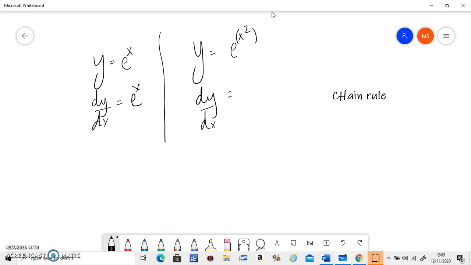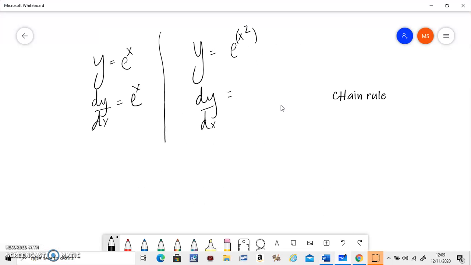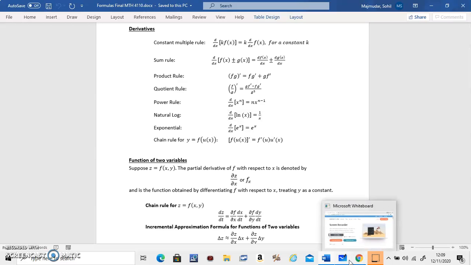Now you look at the function and then you look at the list of formulas. It does not match with any one of them because the power here is x, and the power here is x squared, but still the e matches, so you can still use the exponential function. So what is the chain rule?